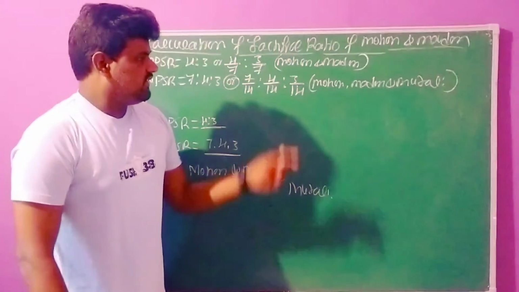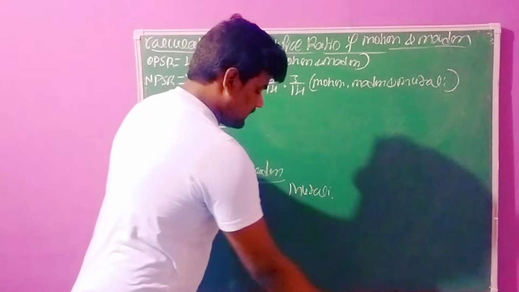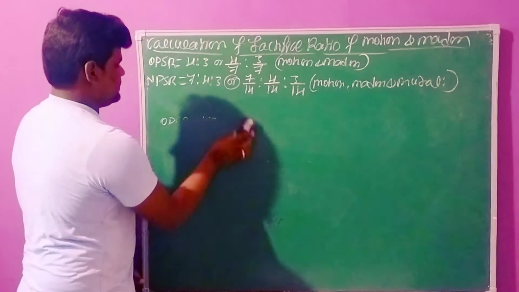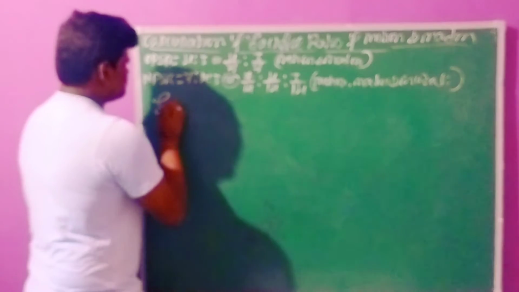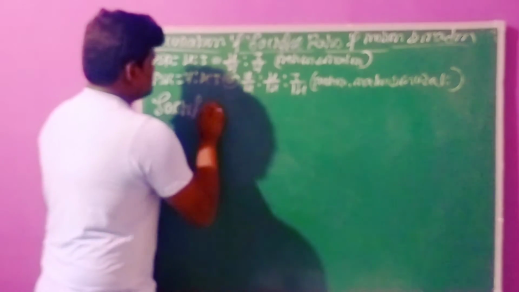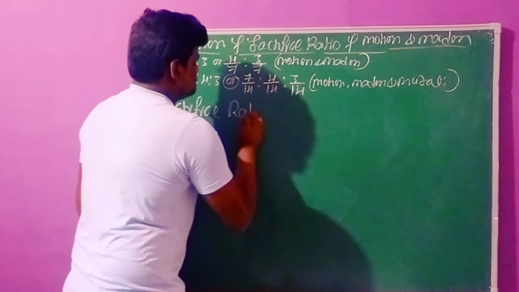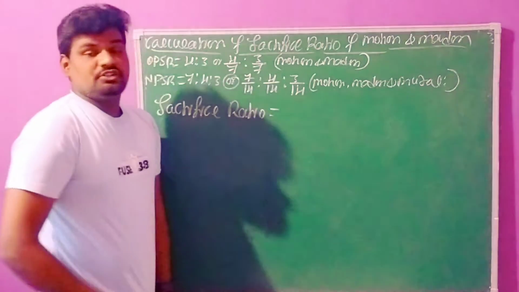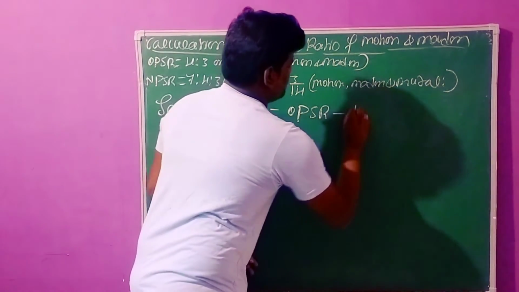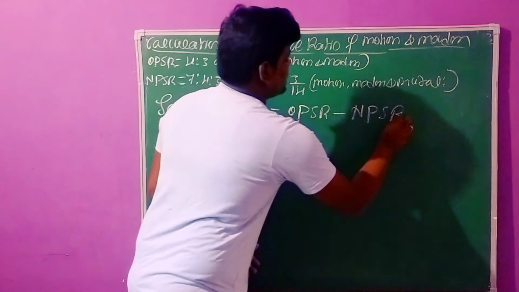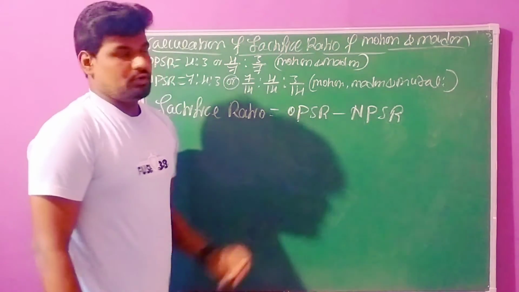So this is the given data in the question. Now we need to apply the formula for the calculation of the sacrificing ratio. This is the formula: sacrifice ratio equals old profit sharing ratio minus new profit sharing ratio, or old share minus new share.